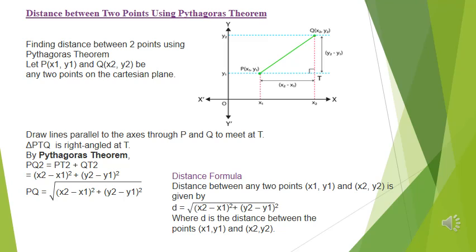Here we apply Pythagoras theorem. From that we get PQ equal to under root of x2 minus x1 whole square plus y2 minus y1 whole square.